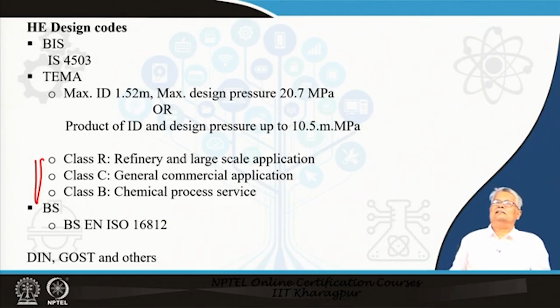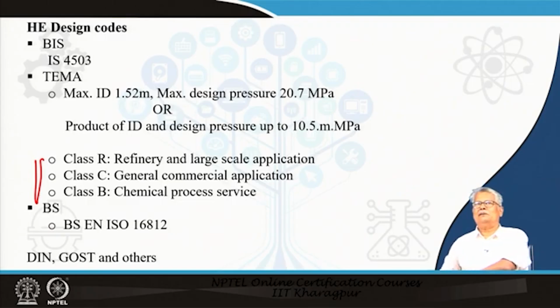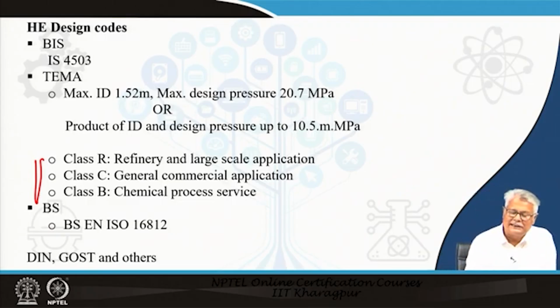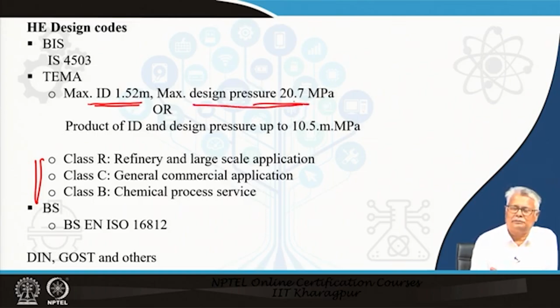Now, let us look at the applicability of the TEMA. You will notice one thing very interesting. TEMA is applicable for heat exchangers. Naturally, it is the Tubular Exchanger Manufacturers Association, an American entity of course, and it deals with a maximum shell ID of 1.52 meters or 60 inches and a maximum design pressure of 20.7 megapascals.